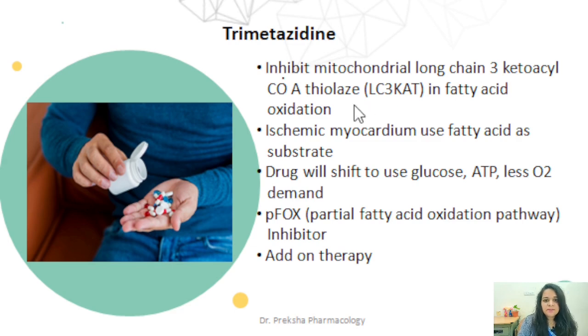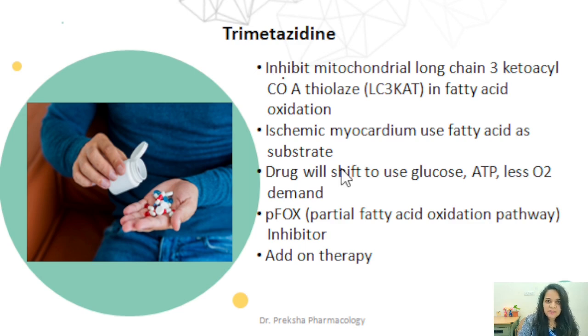Trimetazidine: this drug inhibits the mitochondrial long chain 3-ketoacyl-CoA thiolase in fatty acid oxidation. Ischemic myocardium uses fatty acid as a substrate. Use of fatty acid is associated with more ATP and ultimately more oxygen requirement.